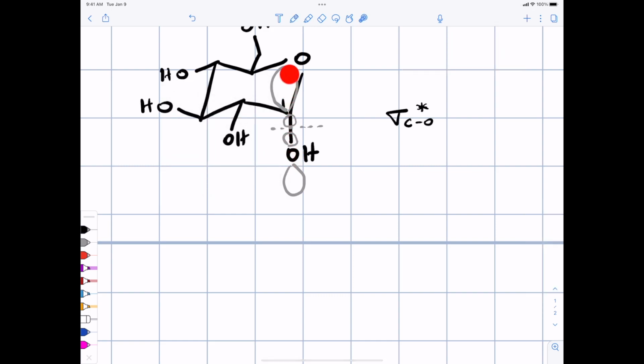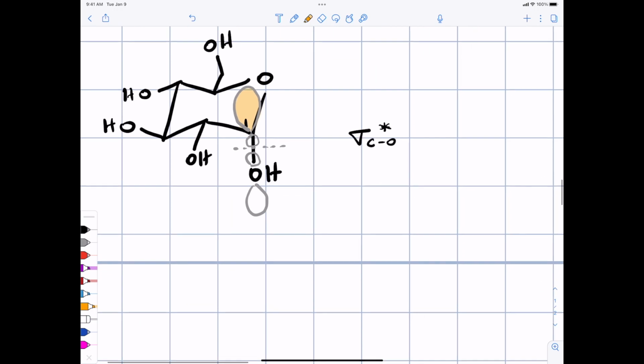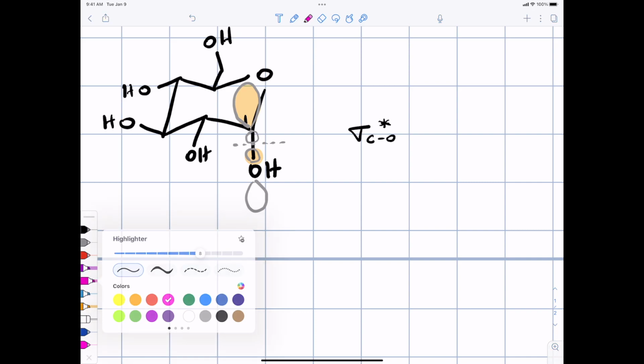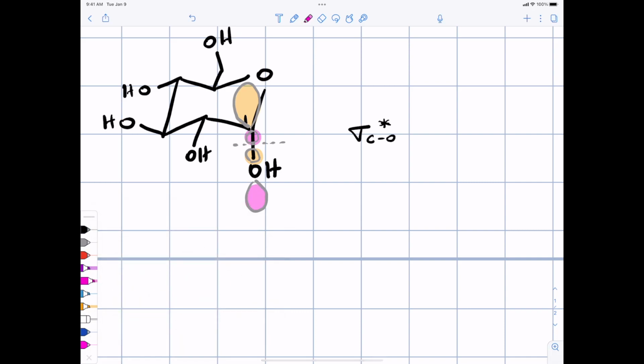The sigma star is projected directly 180 degrees opposite the carbon-oxygen bond, and so you have a large lobe here pointing backwards directly up towards the top of the page. I'm using, as we've done before, color to represent change in wave function sign. This is the anti-bonding orbital, right, and it's empty.